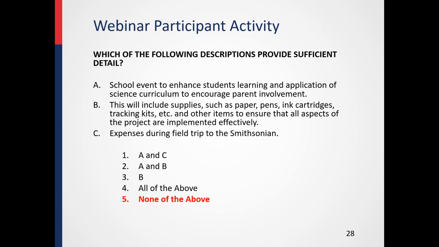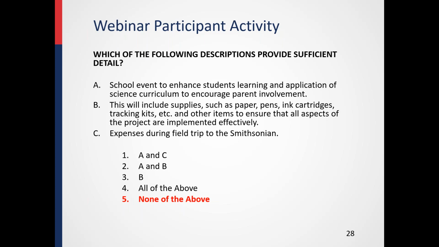For A, school event to enhance students' learning and application of science curriculum to encourage parent involvement. That explains what the event was for and its connection to implementation of the program, but it doesn't say what was purchased.